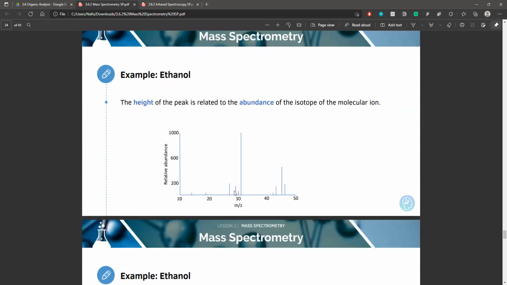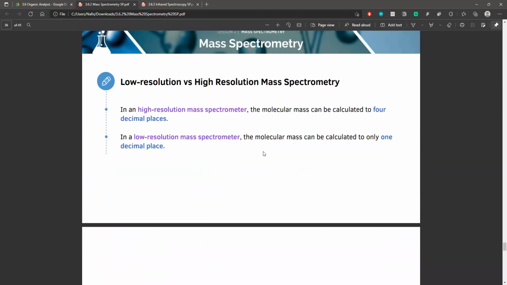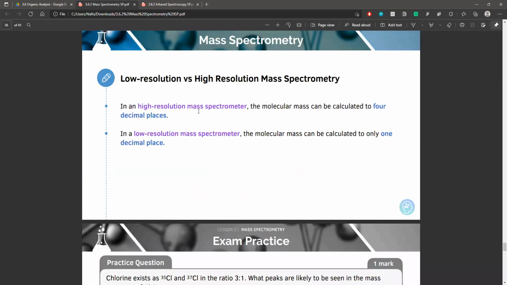The height of the peak is related to the abundance of that isotope. This is similar to something you'll do next year, which is NMR, nuclear magnetic resonance, where the height of the peak correlates to relative quantities. High resolution mass specs go further, low resolution mass specs less far.